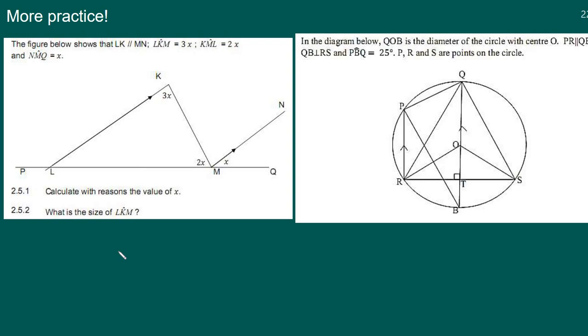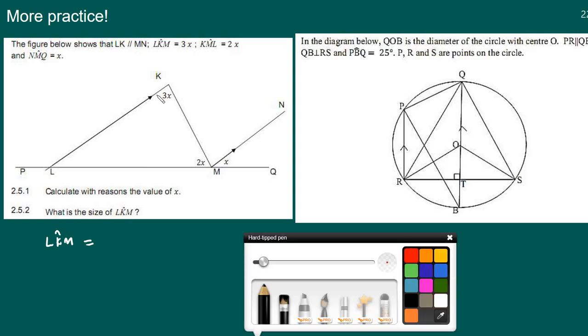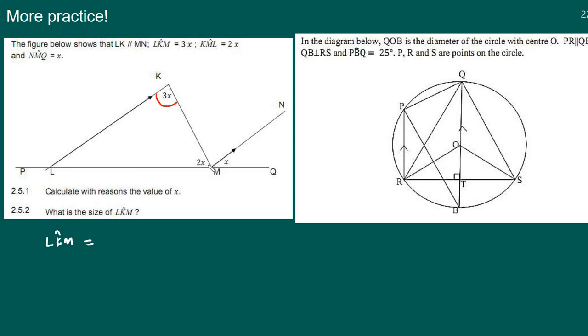I can see alternating angles. Which one and which one? LKM will be equal to KMN. So LKM, this one, would be equal to KMN, this one.